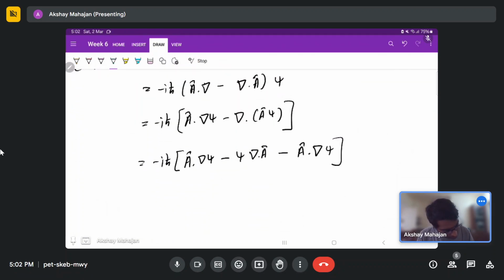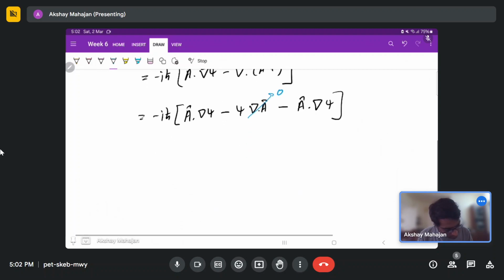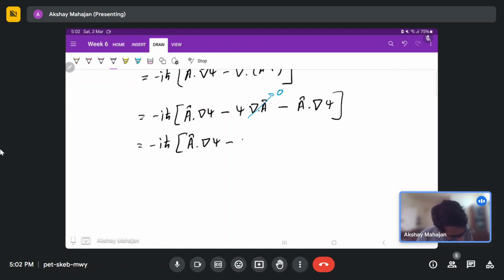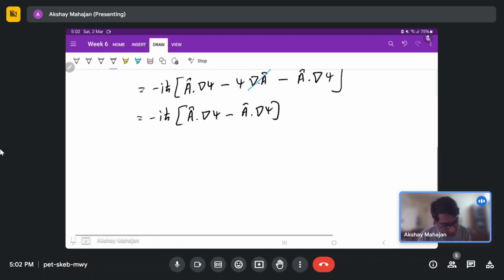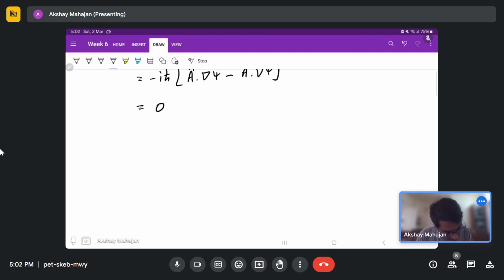So this term will be 0, and then the other two terms you can see there is A dot gradient of psi. So what is remaining is minus iħ [A · ∇ψ − A · ∇ψ]. So that will be 0. So that's why this gauge potential will commute with our momentum operator.